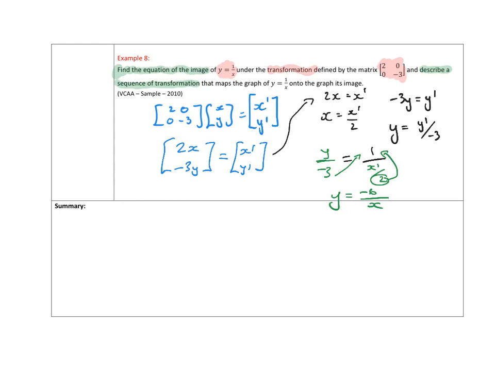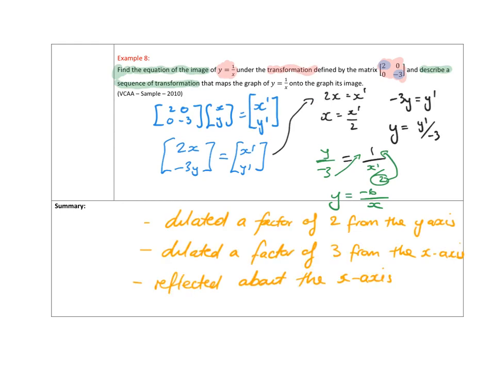And if we see on the question there, we can see that there's been a dilation of factor 2 from the y-axis, and a dilation factor 3 from the x-axis, followed by a reflection about the x-axis. And so this is how we describe the transformations. And that's it for matrix transformations.